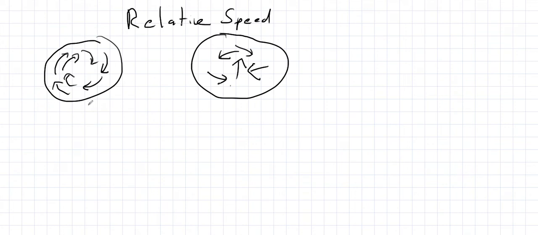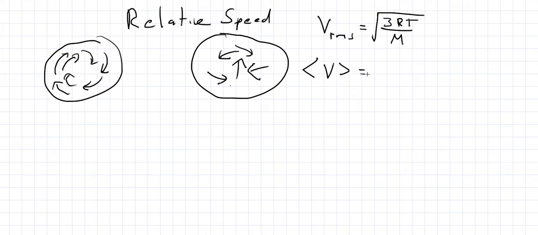So it turns out relative speed is actually really easy to calculate. We know that the v_rms is going to be the square root of 3RT over M, and the average speed is going to be the square root of 8RT over pi times the molar mass.